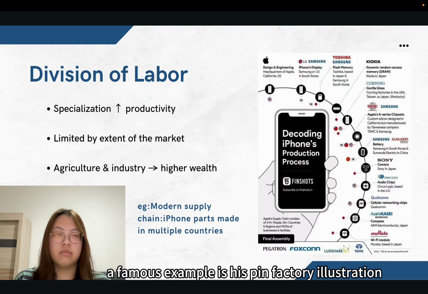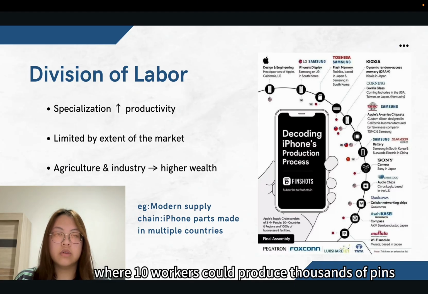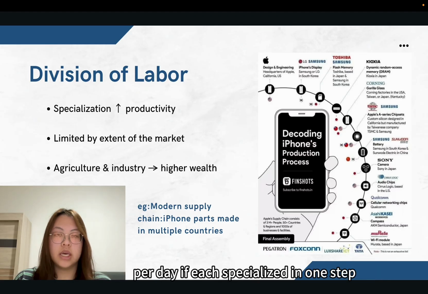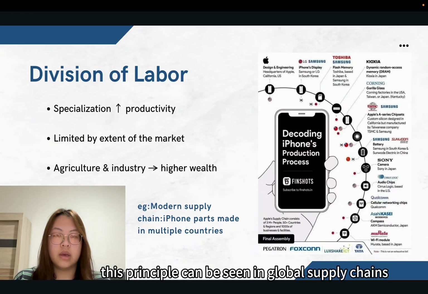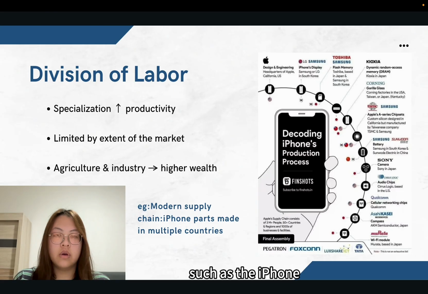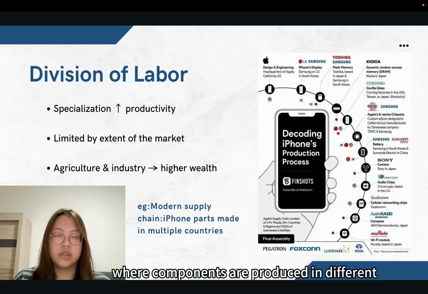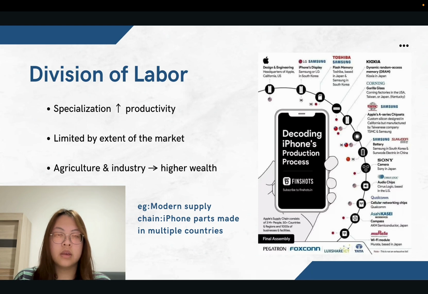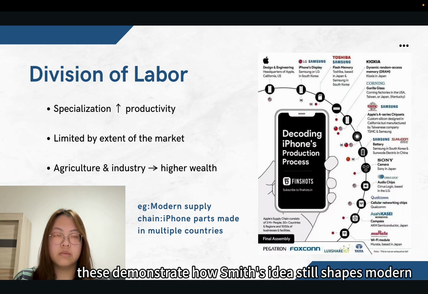A famous example is his pin factory illustration, where 10 workers could produce thousands of pins per day if each specialized in one step. In today's world, this principle can be seen in global supply chains such as the iPhone, where components are produced in different countries and assembled elsewhere. This demonstrates how Smith's idea still shapes modern production.